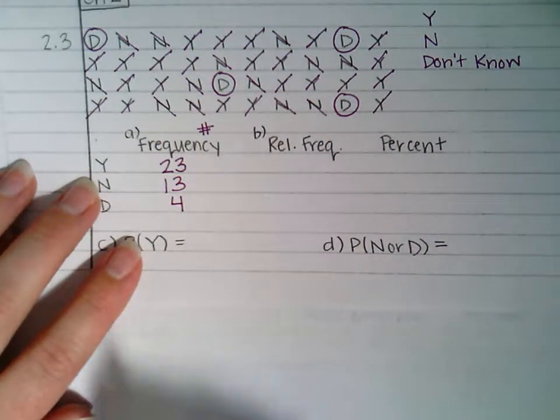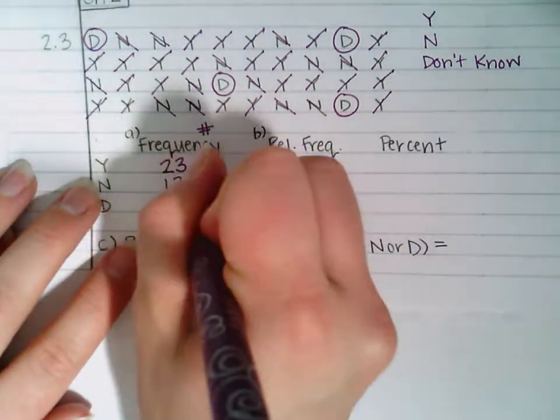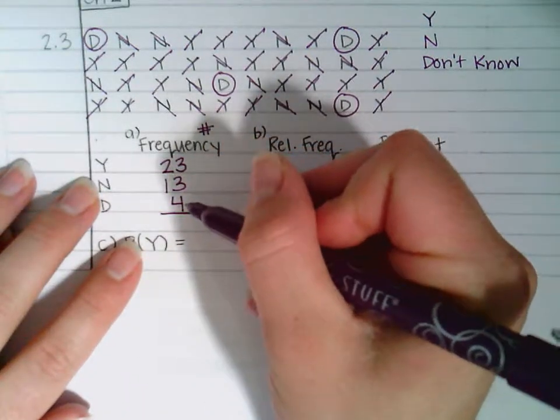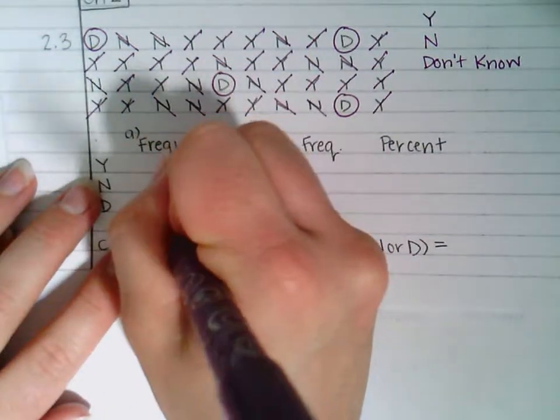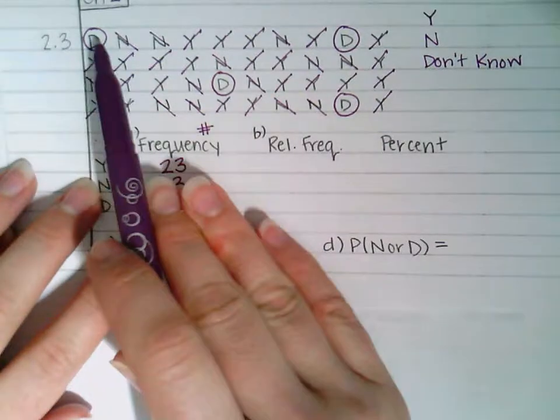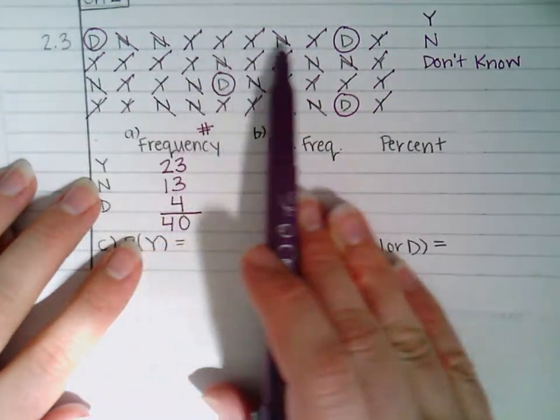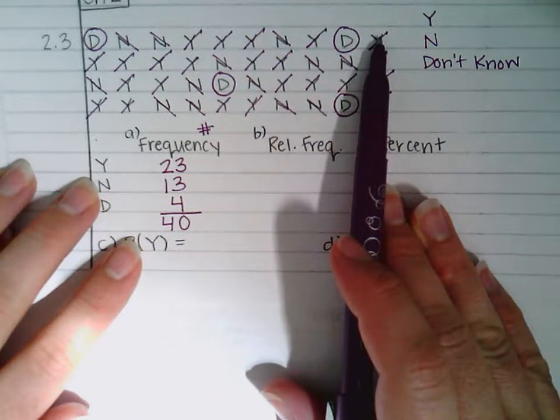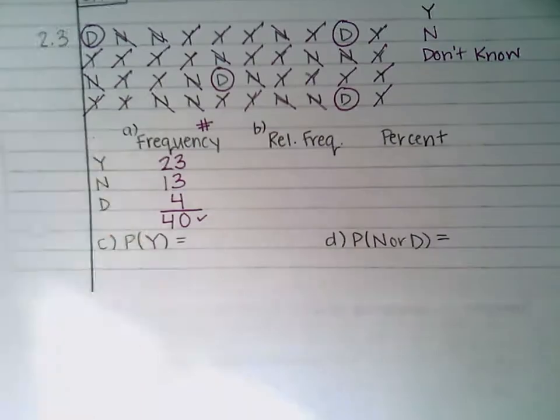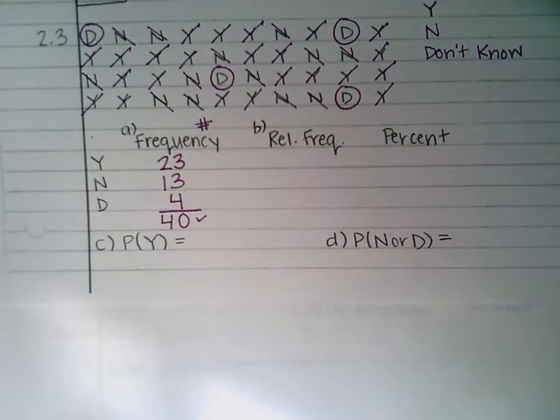Which brings us to our total here of 23 and 13 is 36, and 4 is 40. And that makes sense because I have 4 rows and 10 columns here. So that does check out that there's 40 data points, 40 responses. So my frequency should add to that.